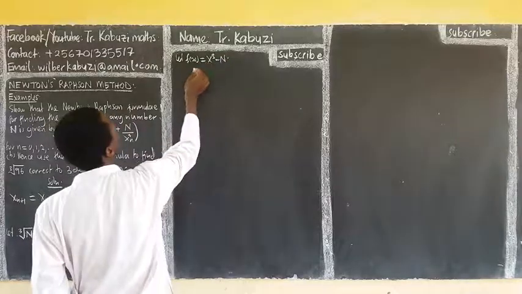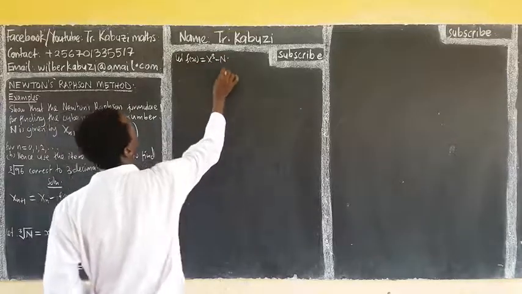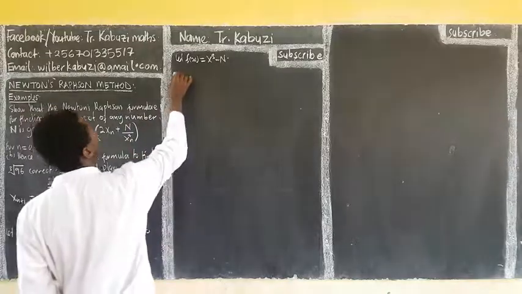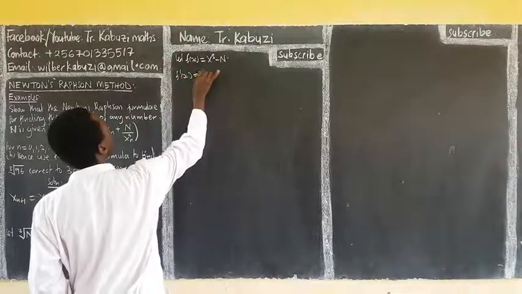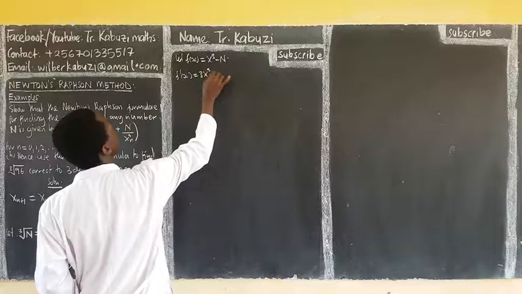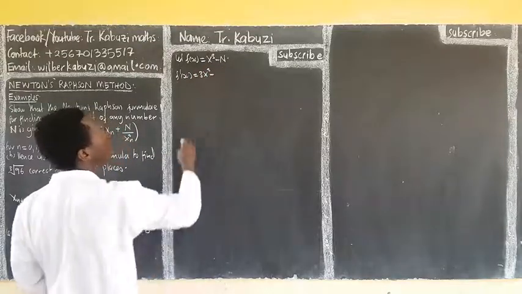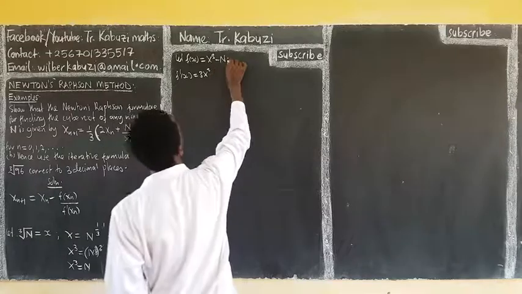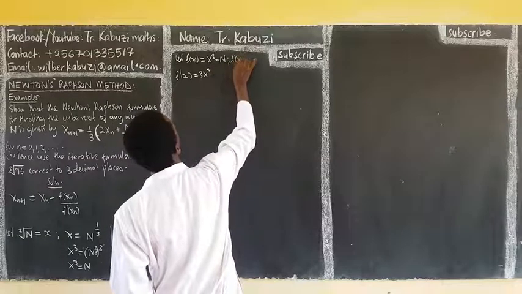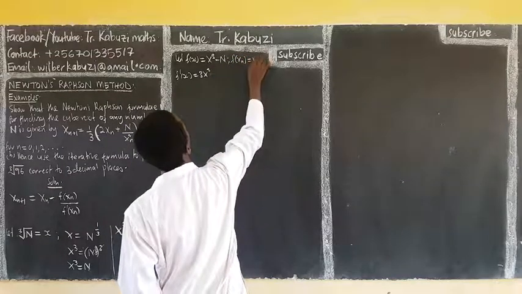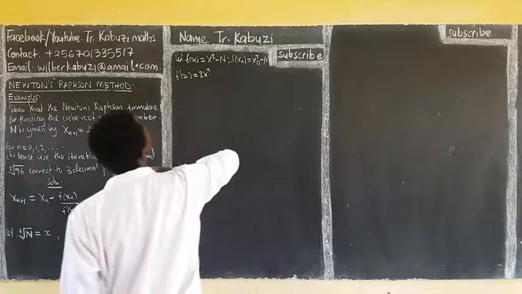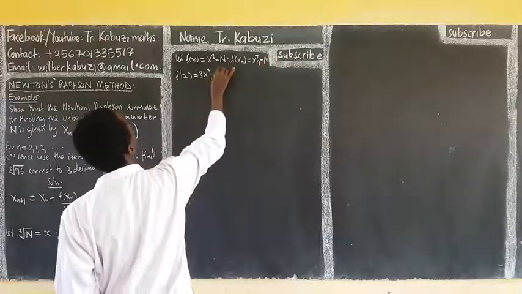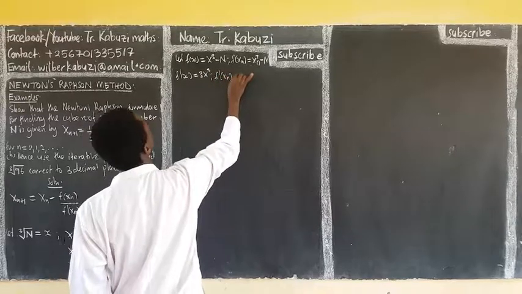Now we need f of this, and also its derivative. So when I differentiate this, we get 3x squared, plus minus 0, which I can leave like that. So here we need f of xn, which will be xn cubed minus n, and here I need f prime of xn, which is 3xn squared.